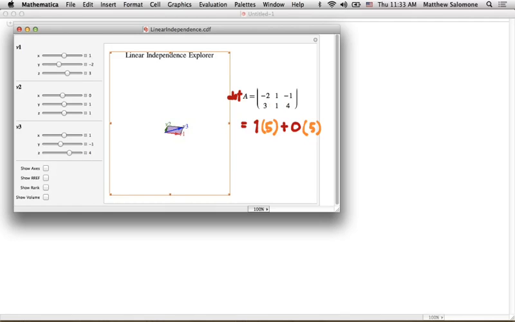Obviously we didn't need to do all that work because we could have just written off this particular product because it has a 0 in front of it. And last but not least, we have 1 times the determinant of its minor. There's its minor. Negative 2 times 1 minus 1 times 3, that's negative 5.